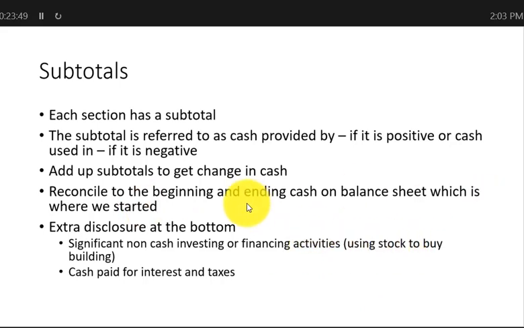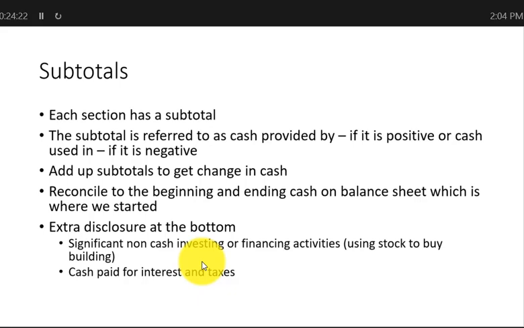And then there are these extra disclosures at the bottom of your cash flow statement. Significant non-cash investing or financing activities should go at the end. That means that there was a significant change in long-term liabilities, long-term assets, stock, but it didn't involve cash. So an example is if we use stock to buy a building, we would see an increase in building.